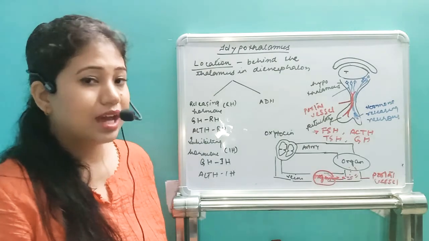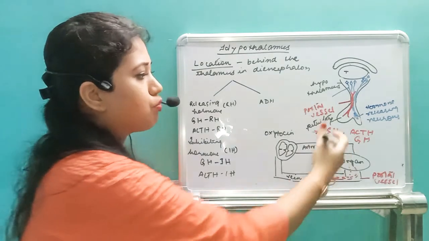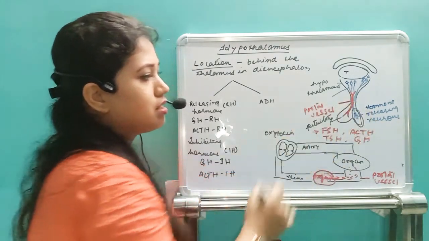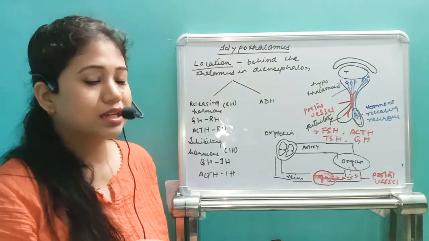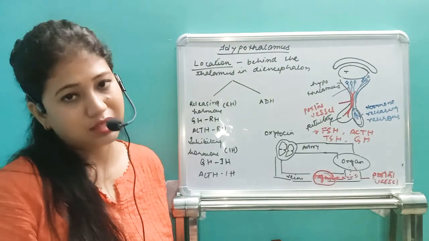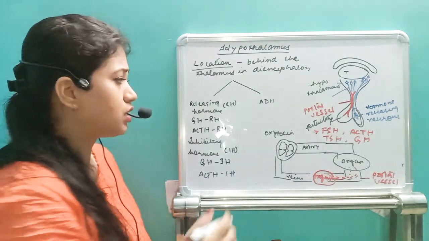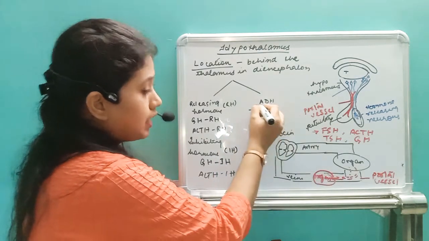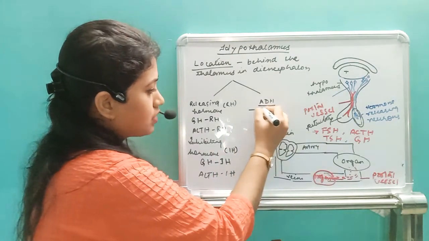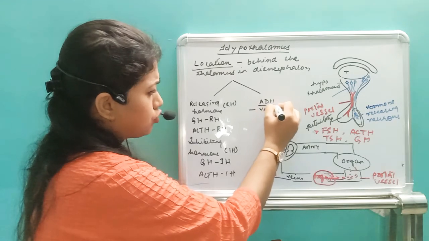You can see that the pituitary gland has the posterior part, this part. This part is actually nothing but an extension of the hypothalamus itself. So the hypothalamus is going to secrete another hormone, ADH, which is also known as vasopressin.